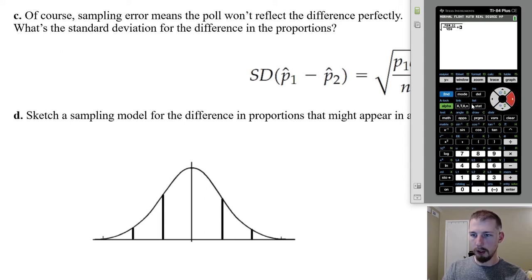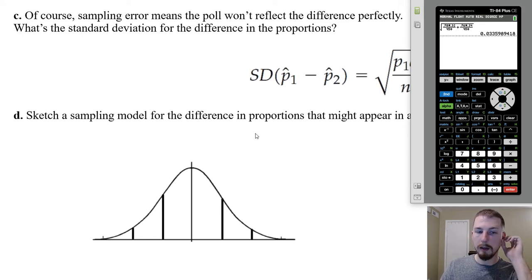So that plus, then I'm going to do alpha x again to put it in as another fraction. And this one's going to be 0.76 times 0.24 divided by 450 again as well. Okay, so again, it's not important that these are the same numbers. They just did it in this case because it was a stratified sample. All right, so that's going to be the standard deviation of the difference between the two.